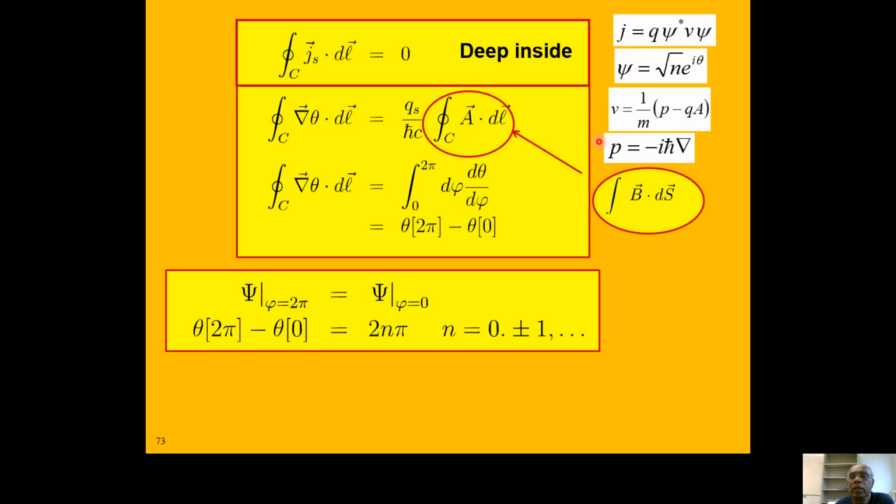Because you have theta here, when you operate delta on that psi, you get delta theta. Then you have this q coming from here and h bar over c coming from here. Then you get this term because you have A here, right? So you can easily show by plugging these things into this equation, you get this equation. Very simple.